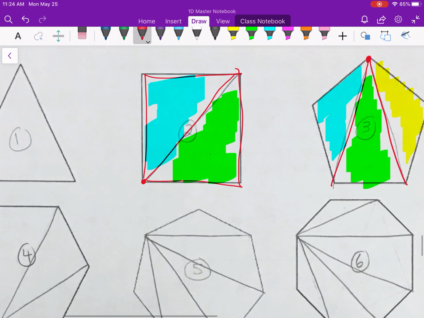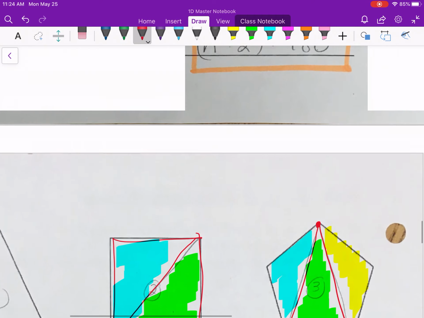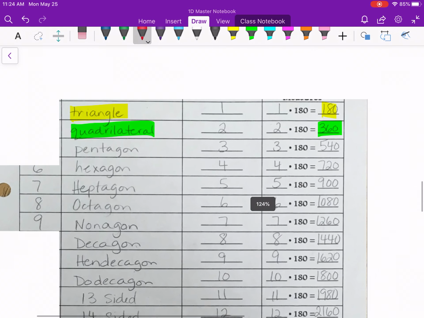Square, we know that's 4-sided, 2 triangles. So, if you take the number of sides on a shape, subtract 2, that's how many triangles you'll be able to fit inside it. So a 4-sided figure, take away 2, gives me 2 triangles. A 5-sided figure, take away 2, gives me 3 triangles. That's what this table is getting at.